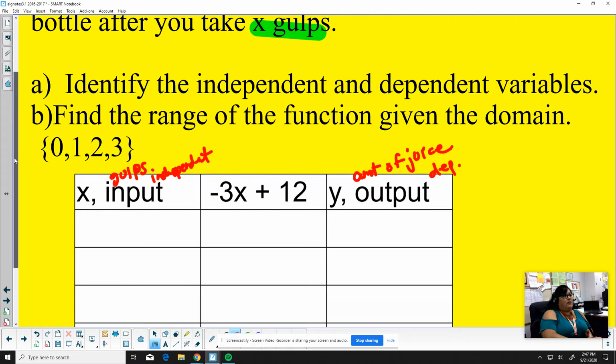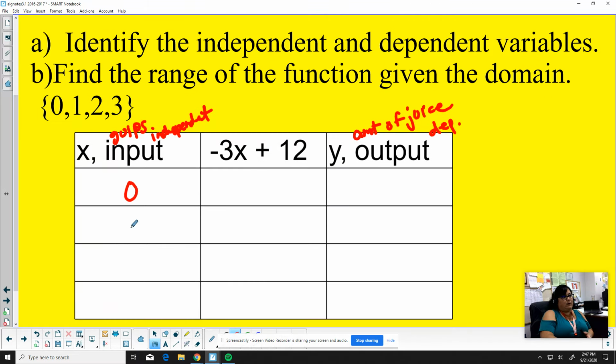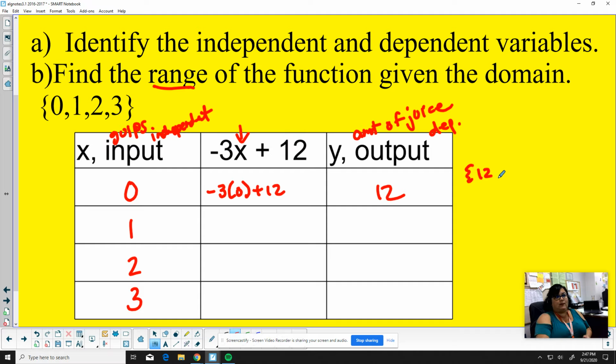Find the range of the function given the domain. So they're telling us that the domain is 0, 1, 2, and 3. We have to plug these in here for X and come up with the output, or the Y, or the range. So negative 3 times 0 plus 12. If you put this in your calculator, you'll get 12. So you're looking for the range, so that's the first answer, 12.